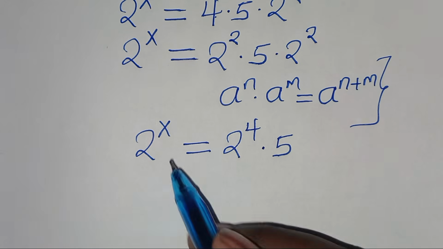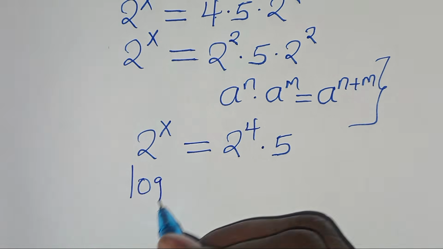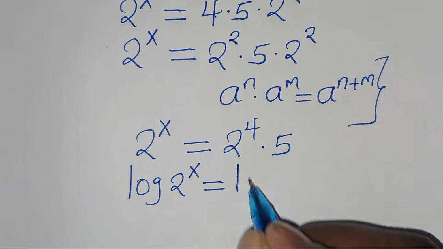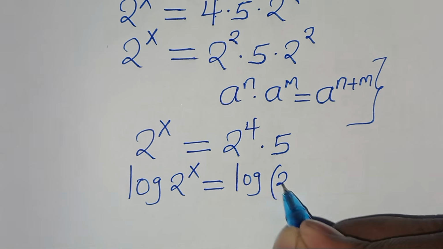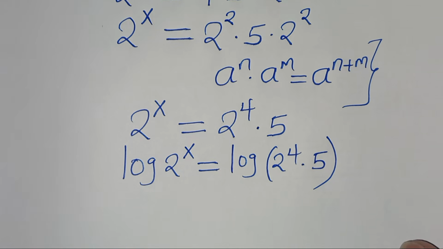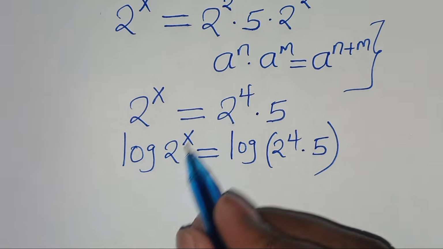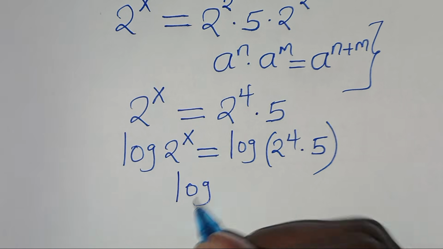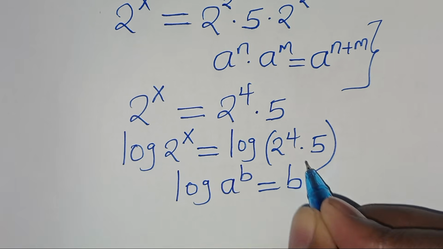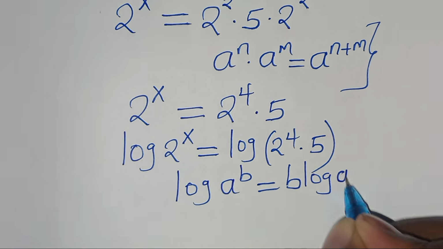The next step is to introduce logarithm on both sides. We have log 2 to the power of x is equal to log 2 to the power of 4 multiplied by 5. Now, log 2 to the power of x is in the form of log a to the power of b, which can be expressed as b log a.